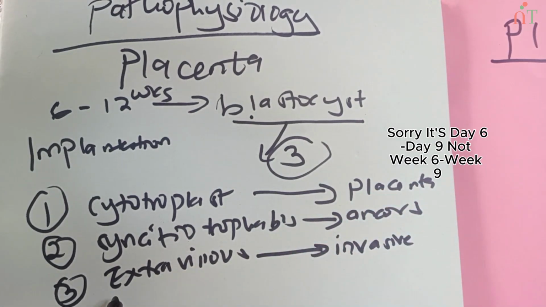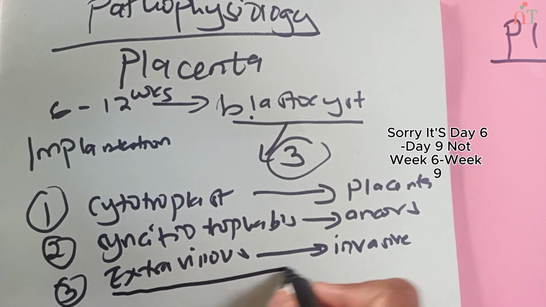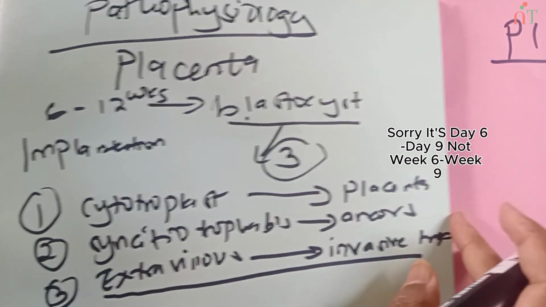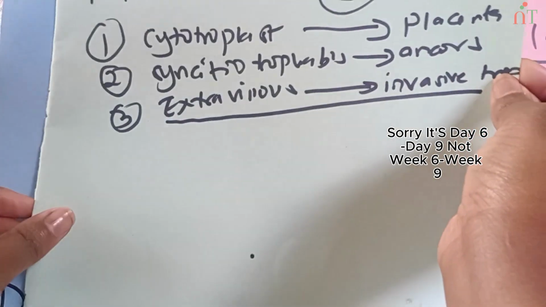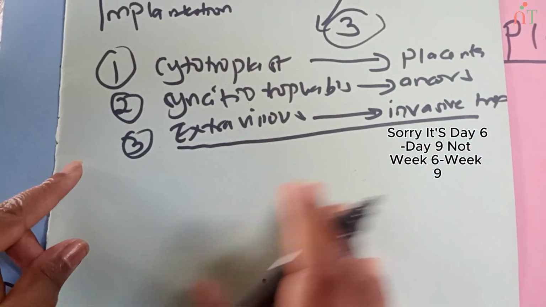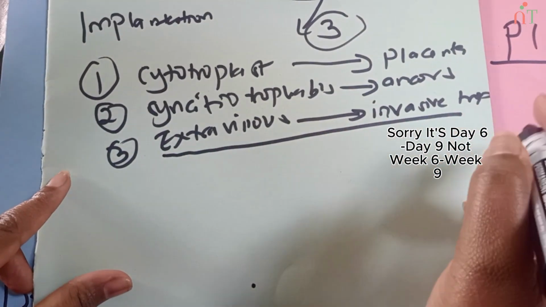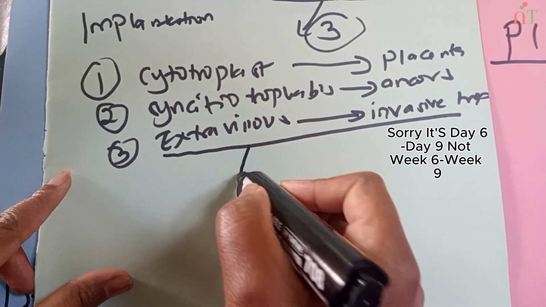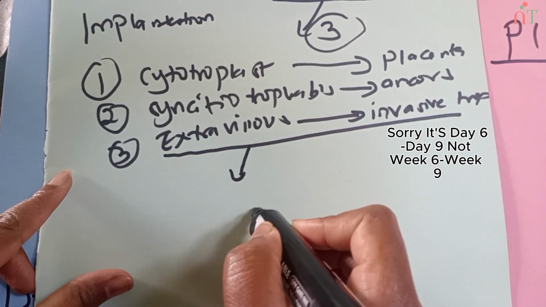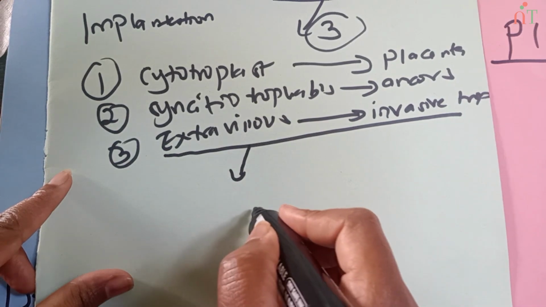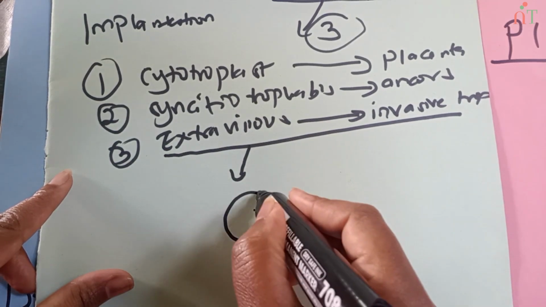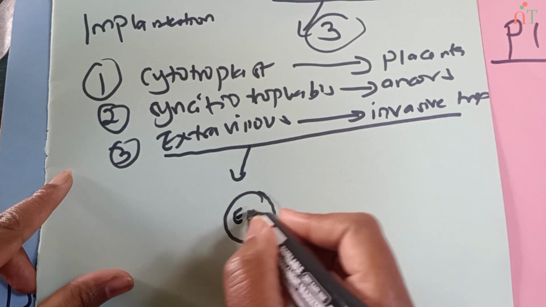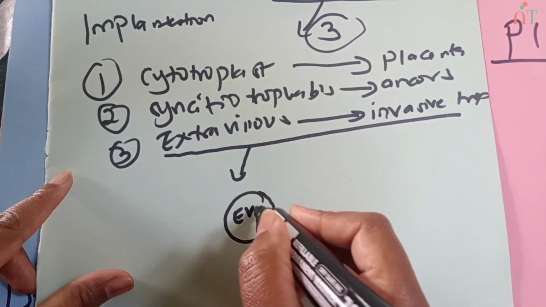So in a normal placenta, these invasive trophoblasts will penetrate the uterus. Assume this is the uterus, I'm not going to draw it very well. Assume this is the inner layer and this is the extravillous trophoblast.